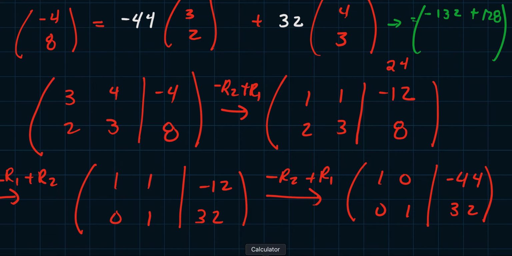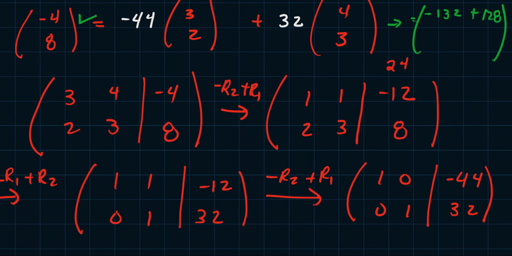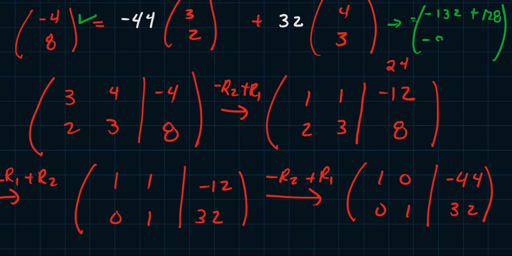Add those two together, so 128 minus 132 is negative 4. We got this one. And now let's just check the other one. So 44 times 2, here we have a negative 88 plus 96, and that should be 8, which is correct. So even though these were really big and I almost thought maybe that wasn't correct, looks like it is correct.